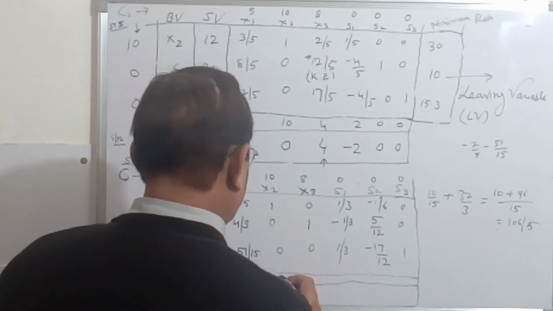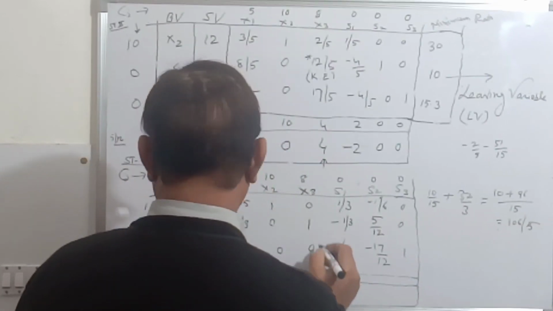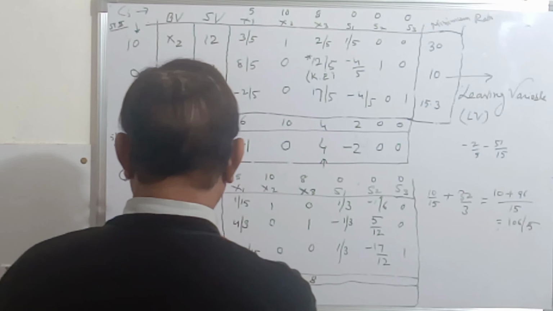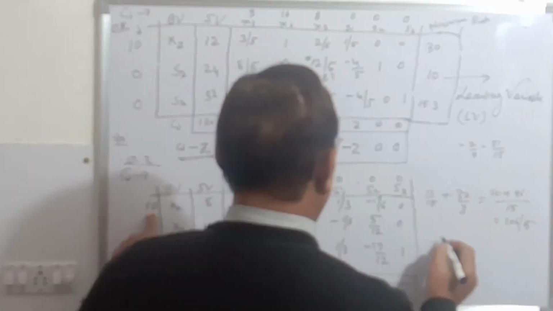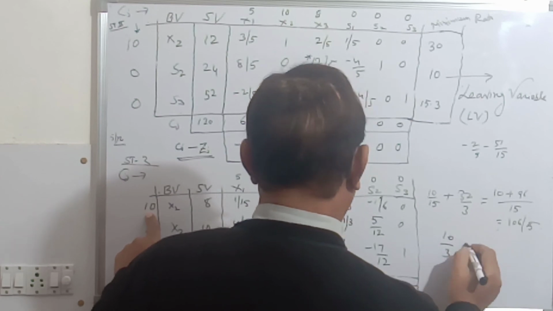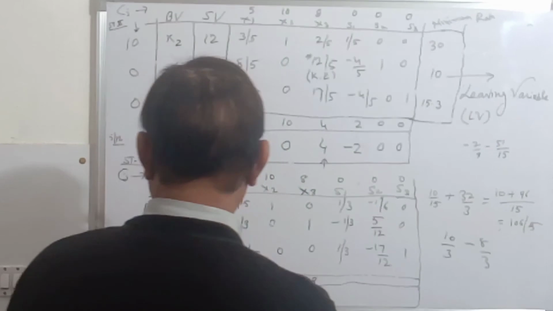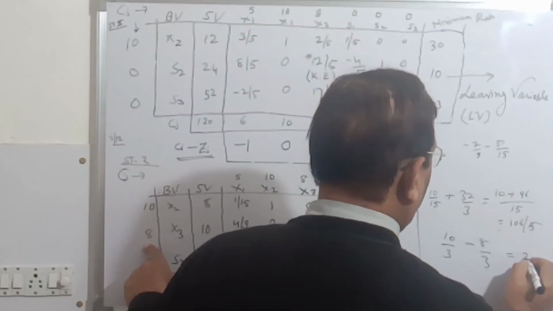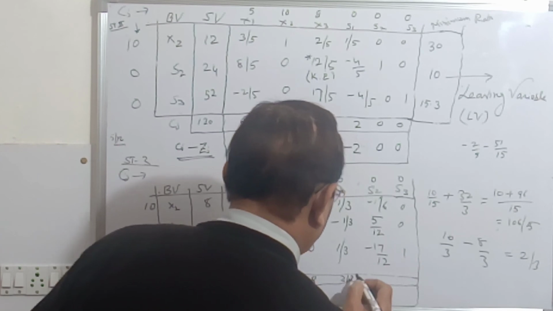And this is 10. This is 8. Very simple. Then 10 by 3 minus 8 by 3 plus 0. So this is 2 by 3.